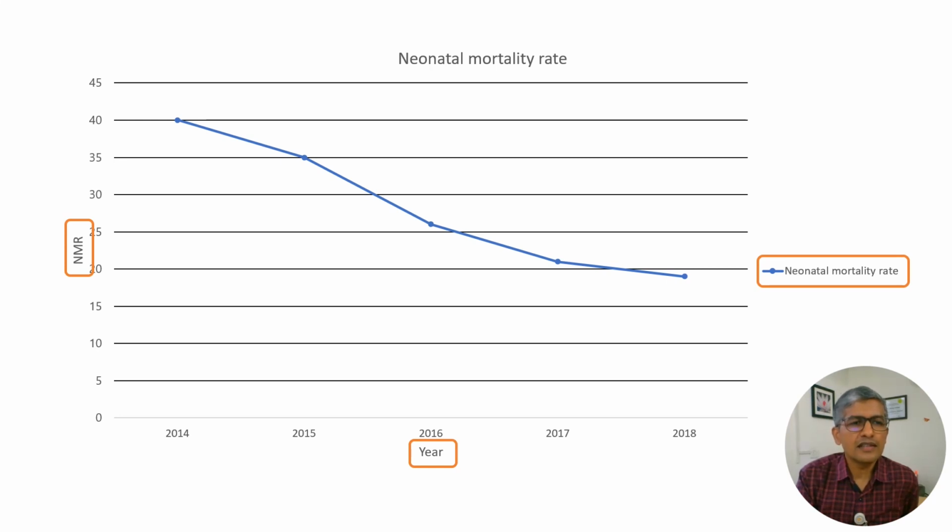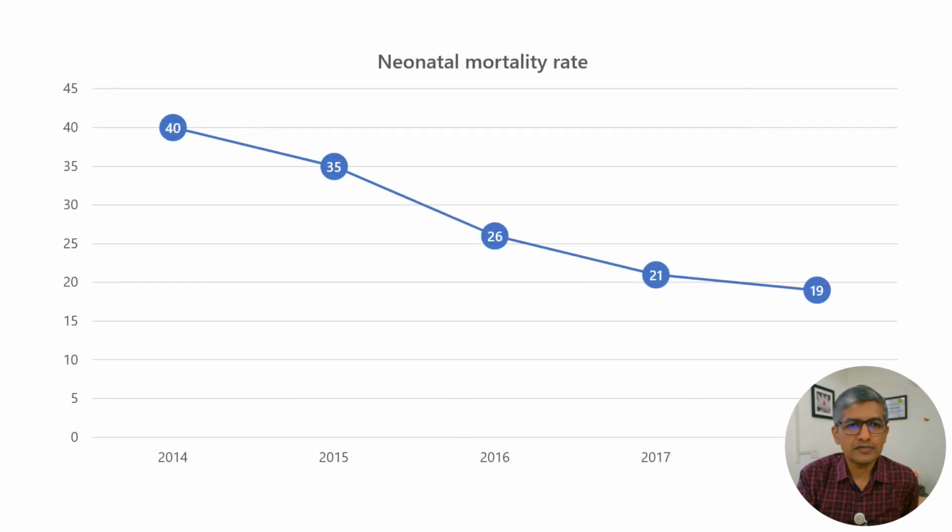And the y-axis label, neonatal mortality rate or NMR, that also may not be needed because that is what is mentioned in my title right on top, that this is the neonatal mortality rate we are talking about. And for the same reason, the legend also is not required. So I can remove those things.